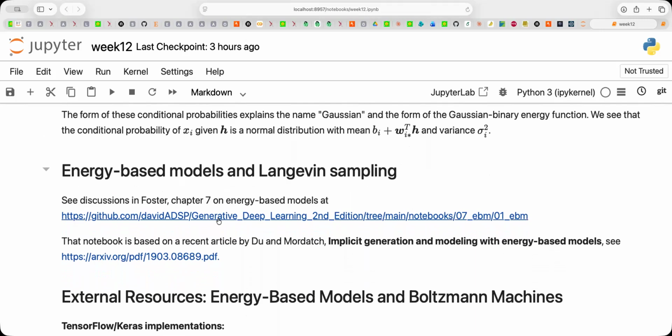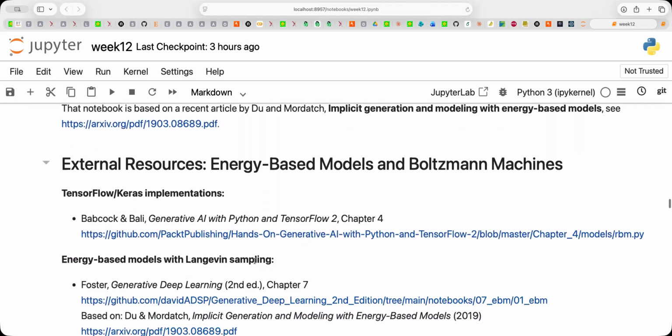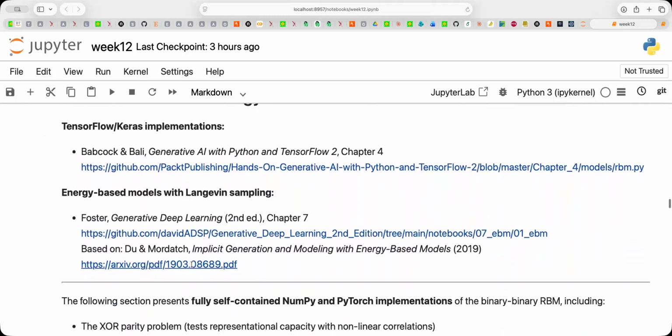And there are example codes which you can look at if you want to test these features of Boltzmann machines. And there is also a discussion of Langevin sampling, if you're interested in looking at that instead of Gibbs sampling.